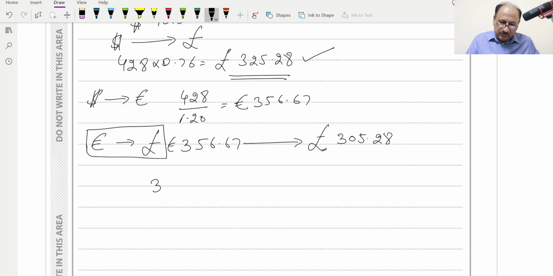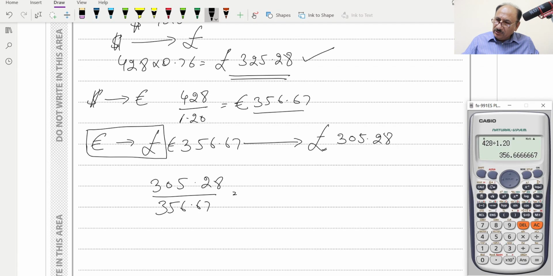So now we need to find the conversion ratio. So that will be 305.28 divided by this amount, 356.67, and this will be equal to 0.8559.